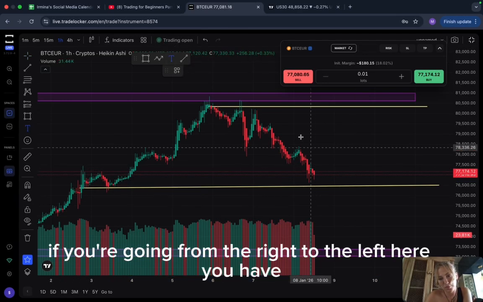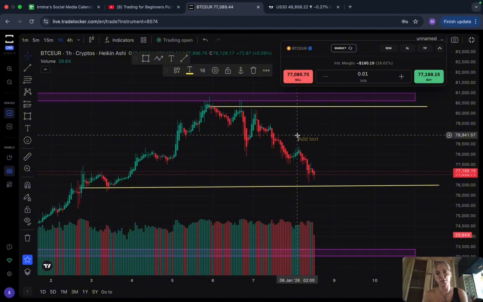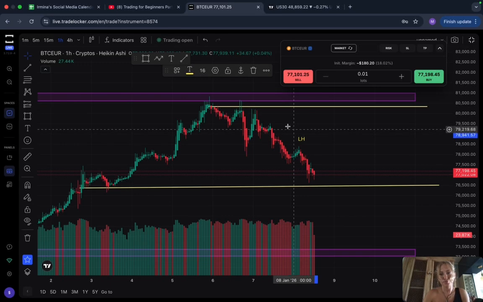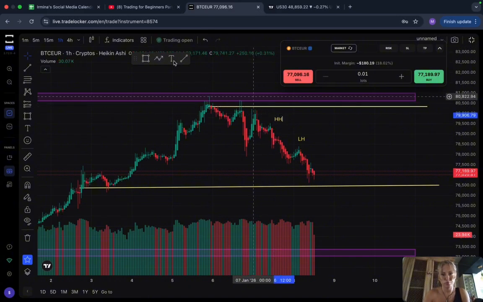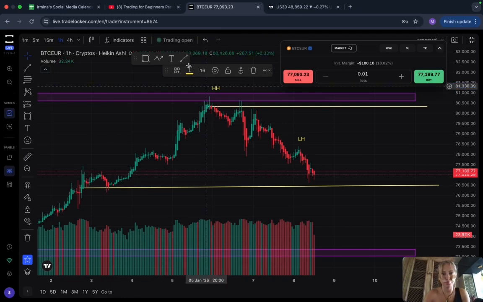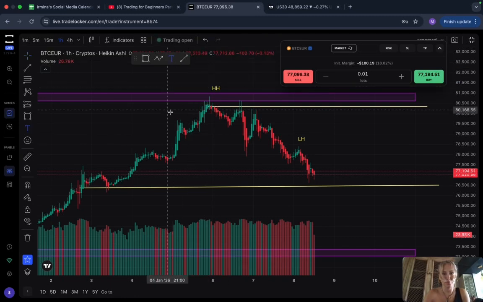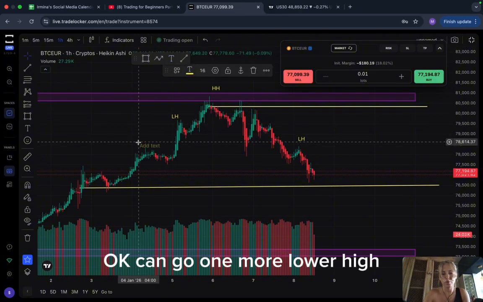If you're going from the right to the left, here you have a lower high, because this creates higher high, higher high, lower high. Okay, you can go one more, lower high.